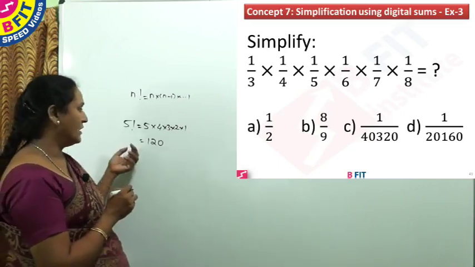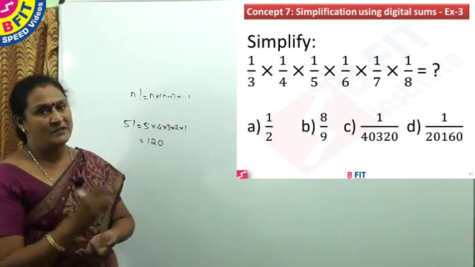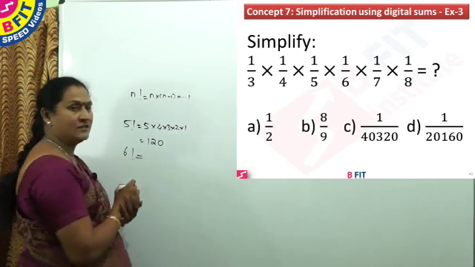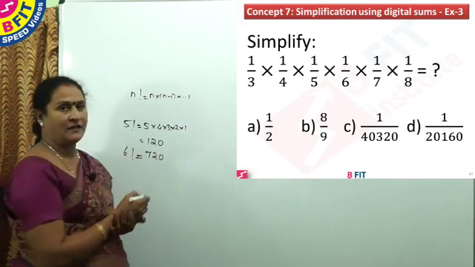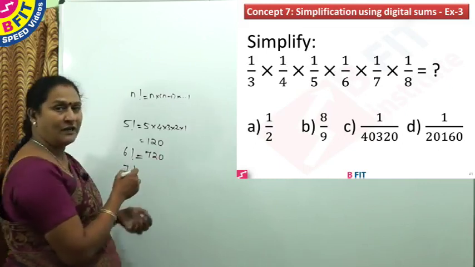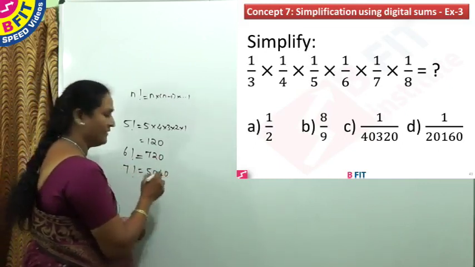So 5 factorial is the product of 5, 4, 3, 2 and 1. What will be 6 factorial? 6 factorial is 120 into 6, that is 720. And what is 7 factorial? 720 multiplied with 7, so 5040 is 7 factorial.